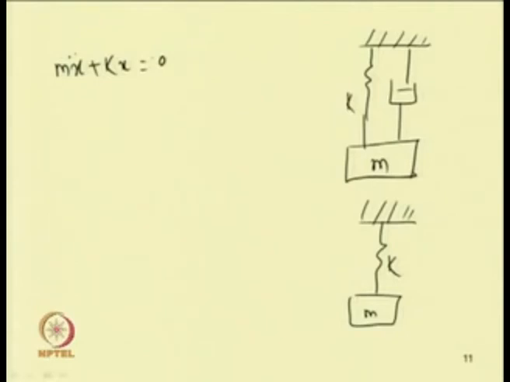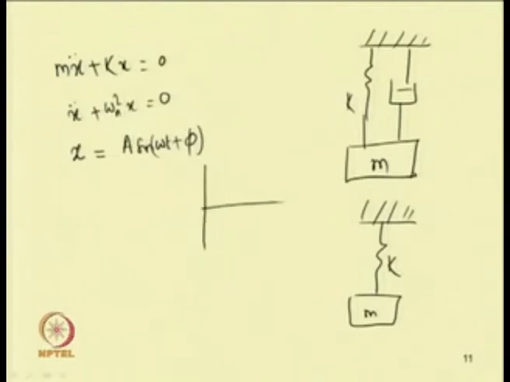So, x double dot plus k by m, if I write omega n square, x equal to 0, and the solution we know becomes a sin(omega t plus phi), where we can obtain a and phi from the initial condition. If I plot x versus time, we can observe that the response is bounded. We have a sine curve.